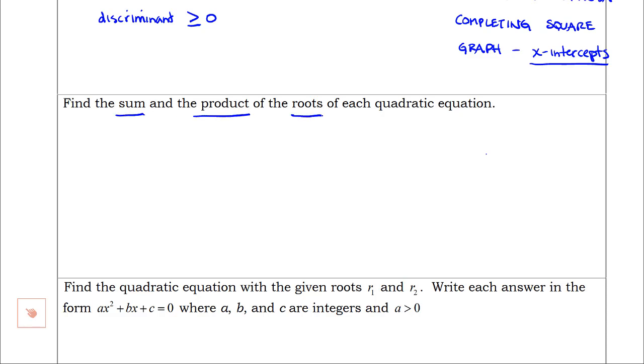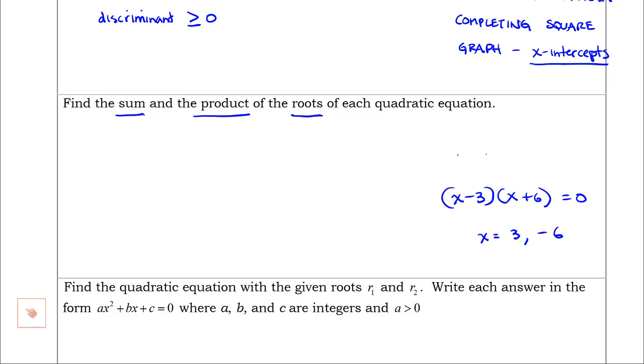So let's take a very simple example. If we have x minus 3 and x plus 6 as factors, then who are the solutions? x equals 3 and negative 6.